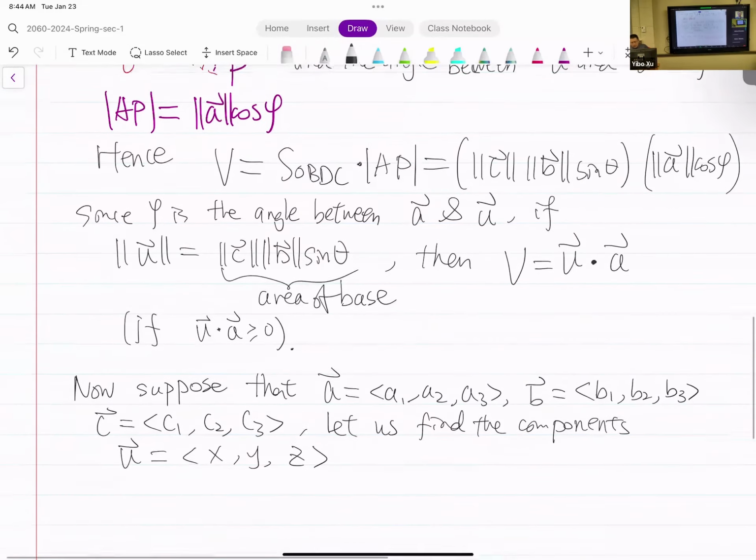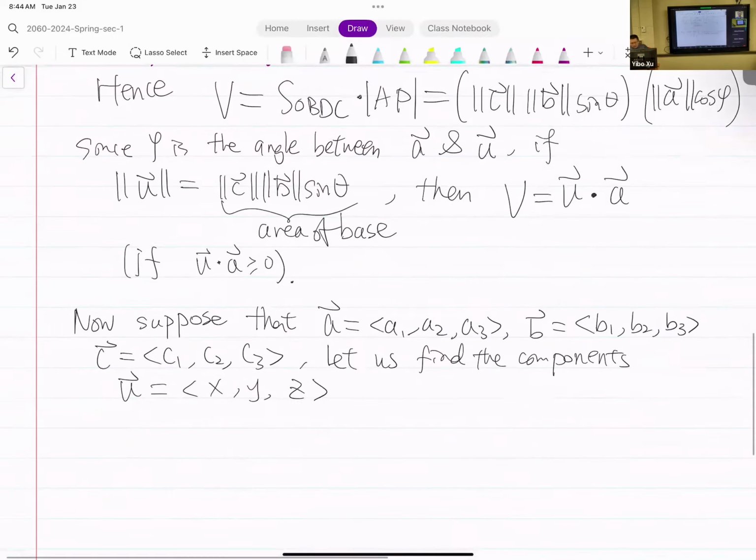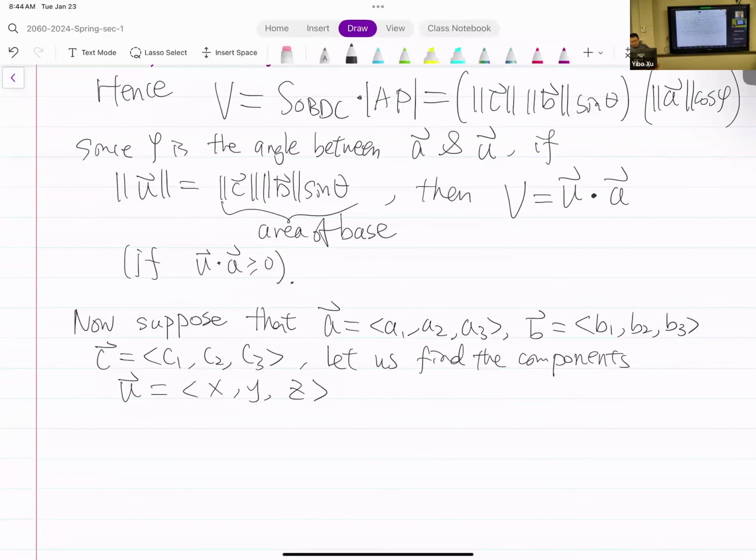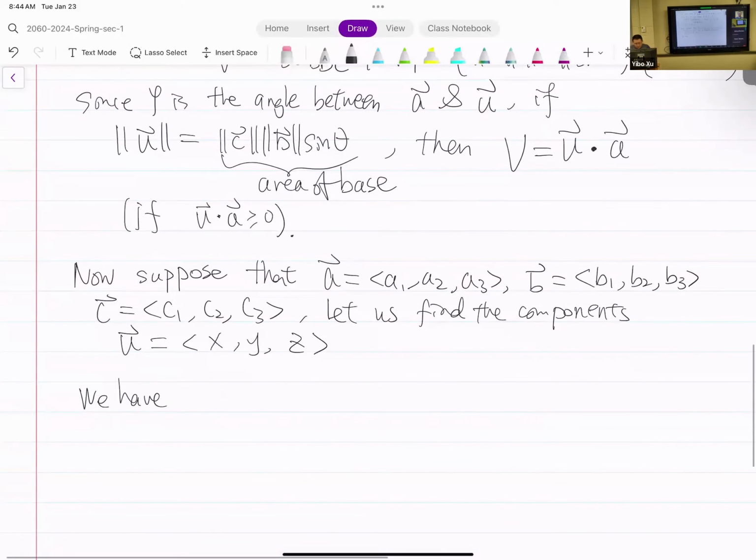So there are two conditions we must meet simultaneously to get the coordinates of U. So let's try setting up the equations. We actually have three conditions. We need U to be perpendicular to B, so that's just saying the dot product should be 0, right? And U has to be perpendicular to C, which means U dot C has to be 0.